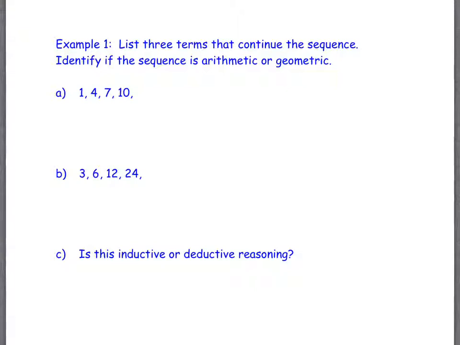Okay? So if you will, just add a piece into this description up here that says, and find the nth term. Find the formula for the nth term or something like that.